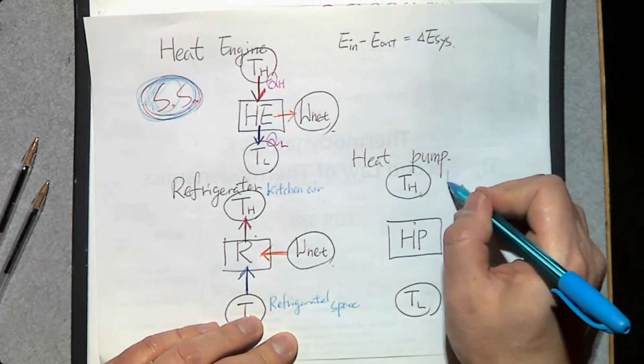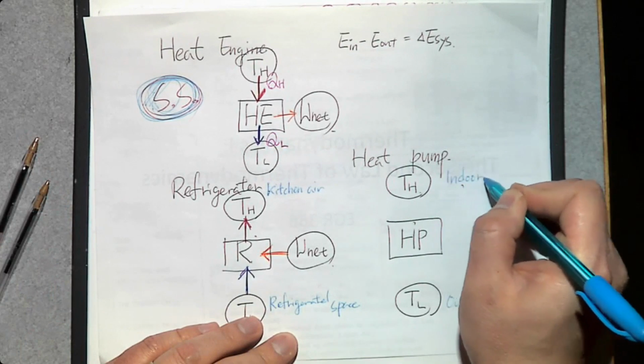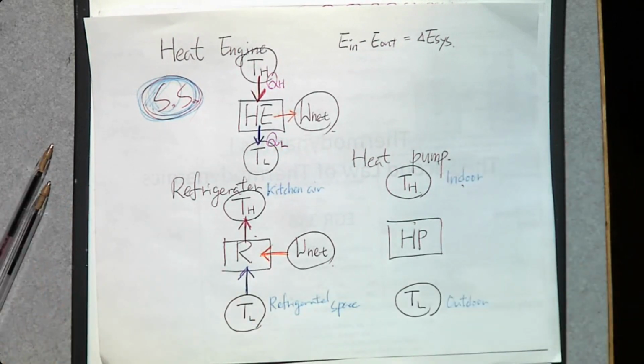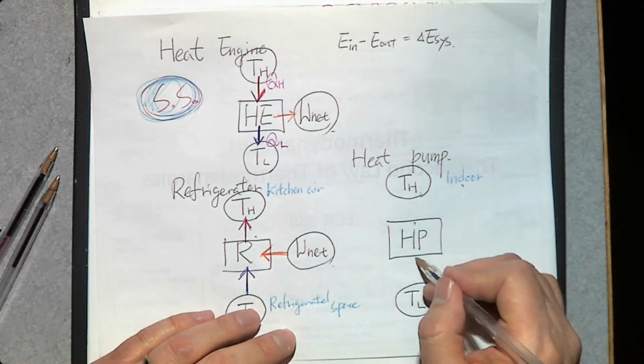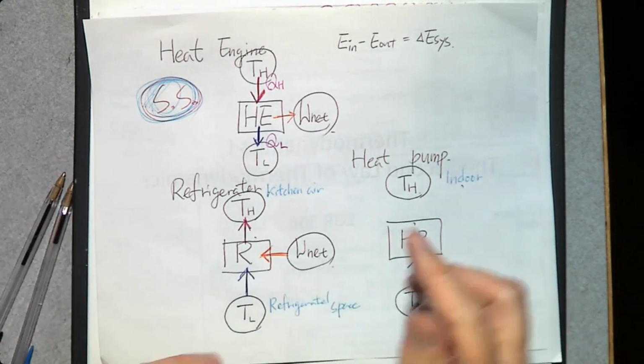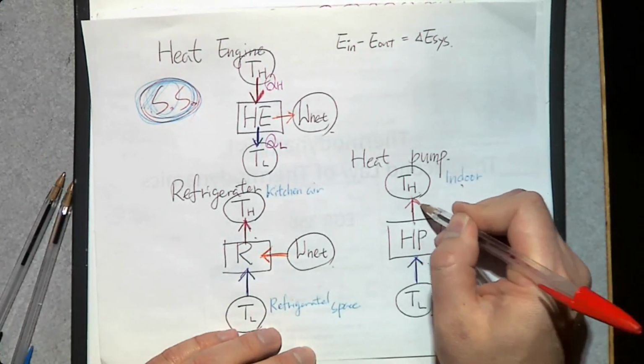High temperature is going to be indoor. So what a heat pump does, it absorbs heat from outside and releases that heat into the house.